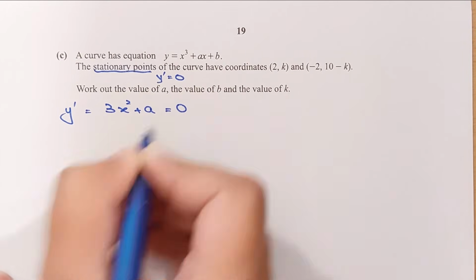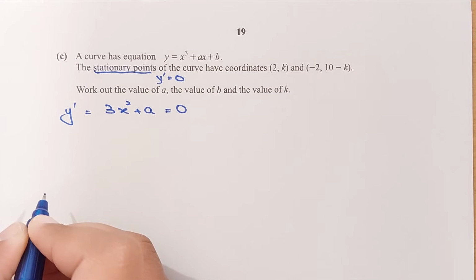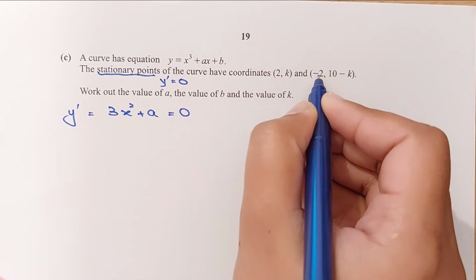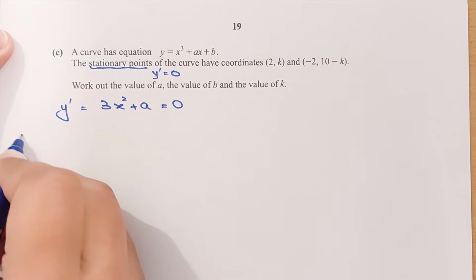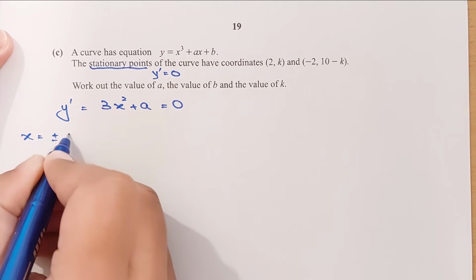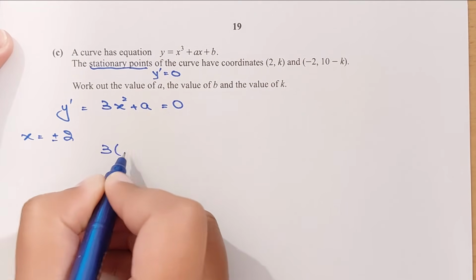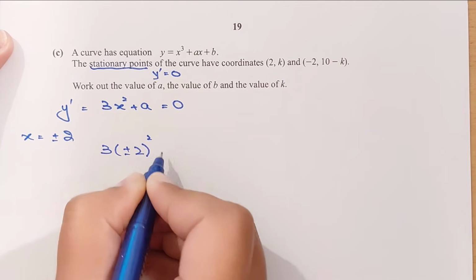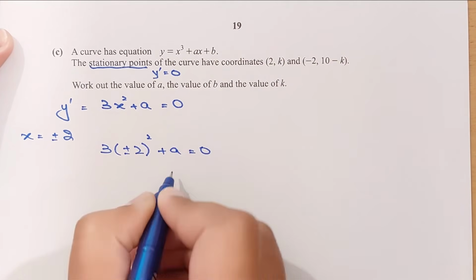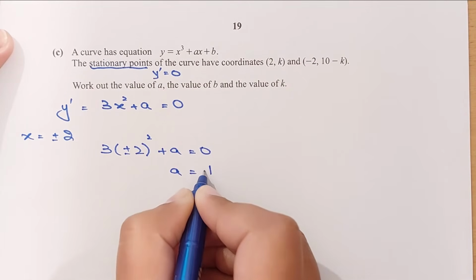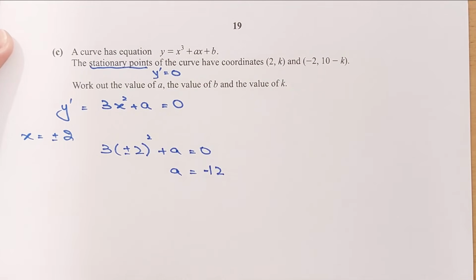Put it equals 0, right? And we have the x coordinates are 2 and minus 2. So when you put x equals plus minus 2, we have 3 times plus minus 2 whole squared plus a equals 0. So 2 squared is 4. So a value is 3 times 4, that is minus 12. So we got the a value.